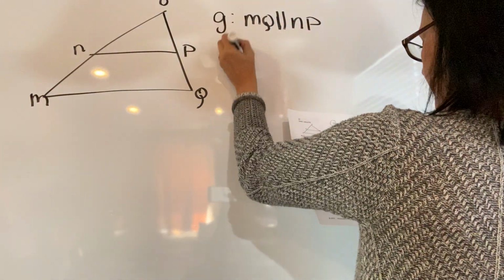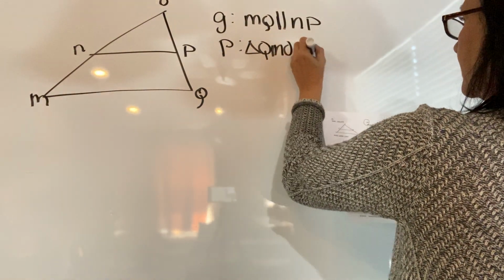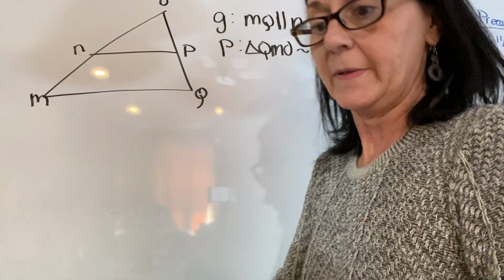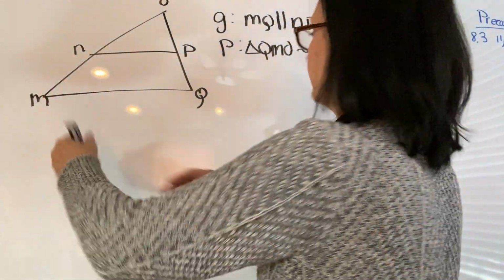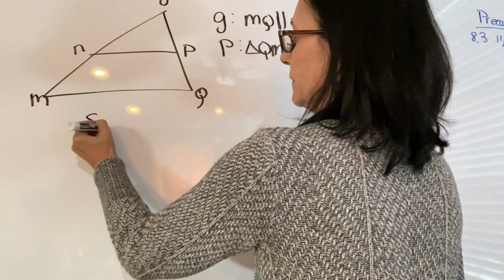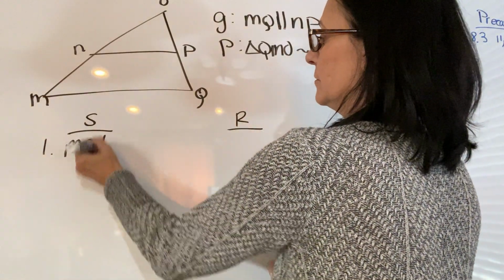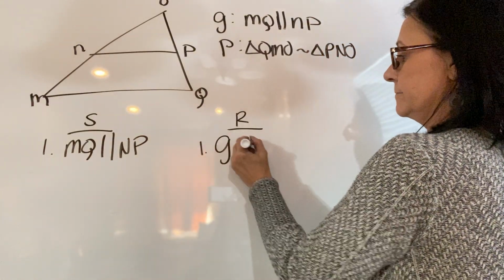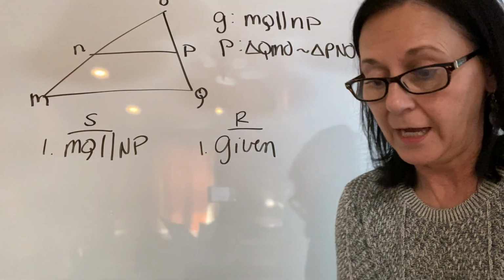And we want to prove that triangle QMO is similar to triangle PNO. I began by writing the given statements. Let me write statements, reasons. The first one is MQ is parallel to NP. The reason is given.